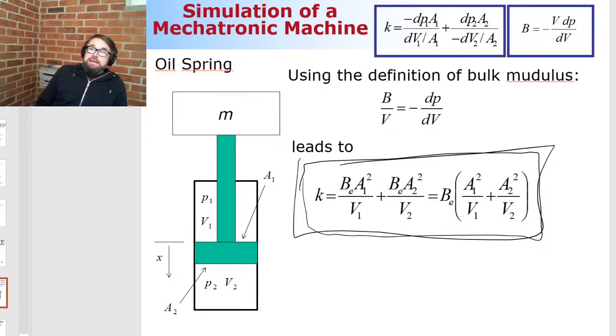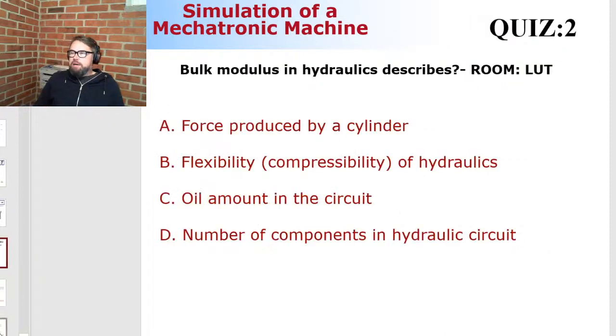Now, finally, with a lengthy explanation, we are able to do something fun. Bulk modulus in hydraulics describes, look at this, this is supposed to be squeeze number. Of course, this is our first in-class squeeze today, but because I lost the file, we didn't have the first in-class squeeze of the day.